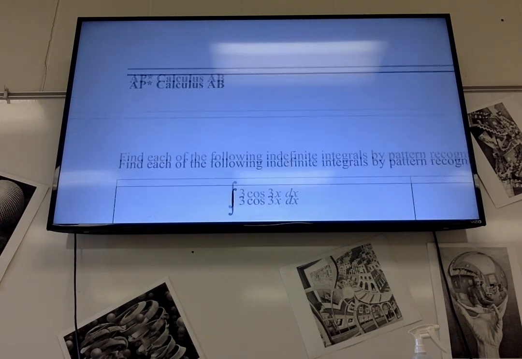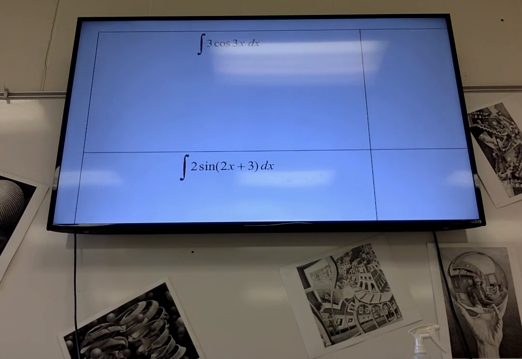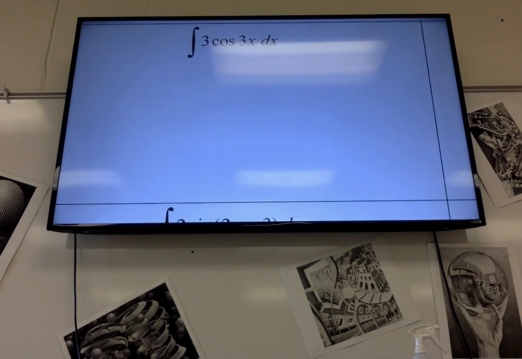So, for example, this 3 cosine of 3x on the next page. Okay, so you have the cosine of 3x. That's like your f prime of x. And then we took the derivative of 3x and got this 3.